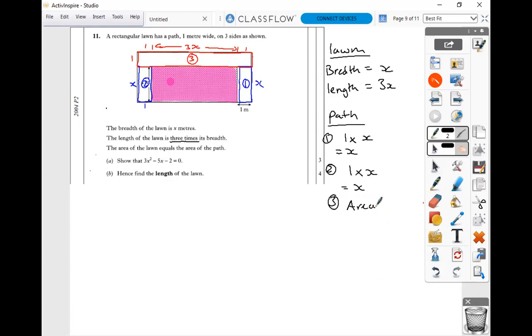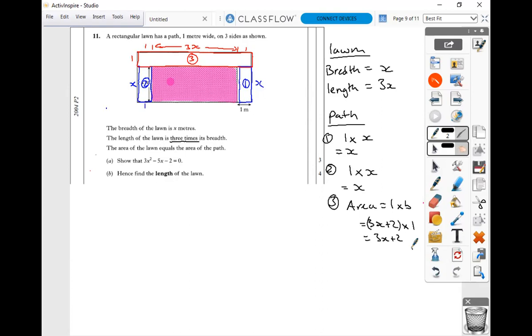Area equals length times breadth. The length of that is 3x plus 2 times the breadth of 1. So the area is 3x plus 2. I generally think that's the only way.